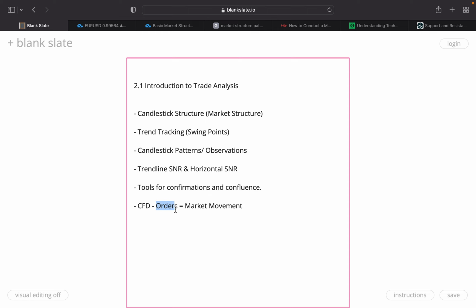These orders, right, are moving price. And that's what supply and demand is, right? It's supply and demand. So the sellers versus the buyers, and that's all that's going to be moving the market.